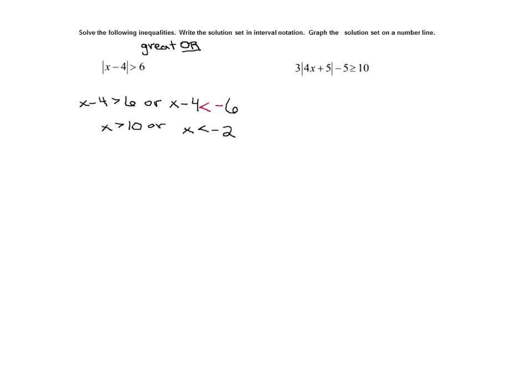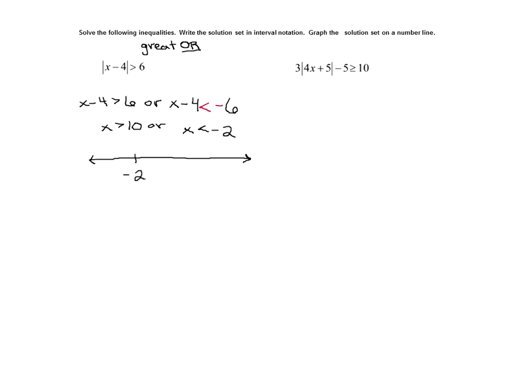Adding 4 over on this one gives me x is less than negative 2. I recommend doing the number line initially because that will definitely alert you. Well, if the "or" hasn't already alerted you that you might have to use the union symbol, then the number line certainly would. There's cases where, when you do one of these greater than problems, it would be all real numbers. And that would be easier to see if you've already graphed it because the whole line graph would be highlighted.